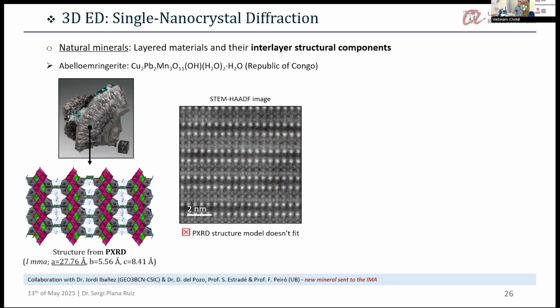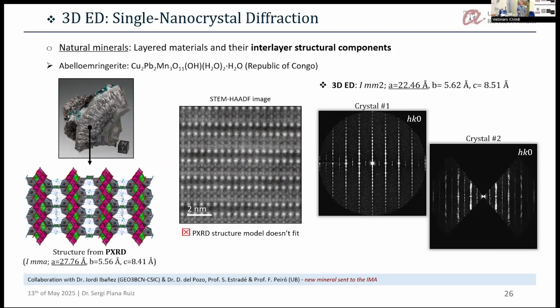So we did that from these and other crystals from this ore, and we were able to see that in some cases, the unit cell parameter perpendicular to the structural layers is much smaller. Also, we could see from crystallographic sections of the diffraction space that the direction perpendicular to the structural layers contains diffuse scattering.